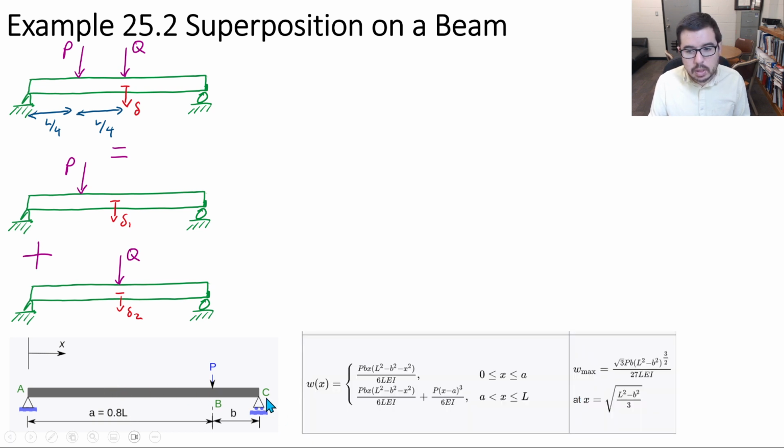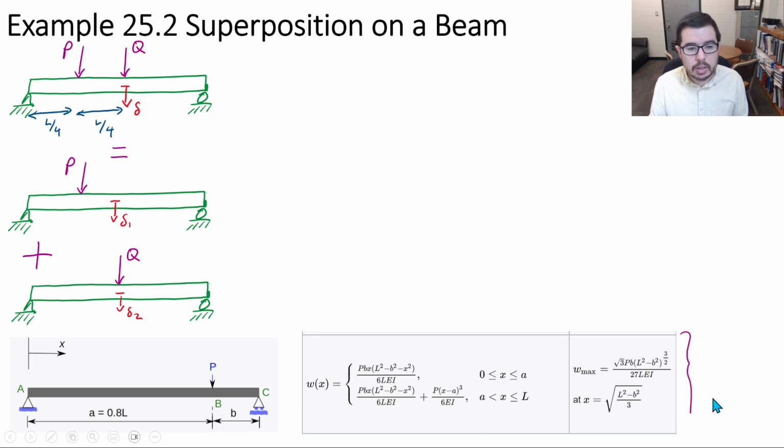So here is one of those tabular values for geometry. Here they show that A is equal to 0.8 L, but really that's a general expression over here, for if I have some A and I have some B, and A plus B is going to equal the overall L. And we have expressions so we can figure out displacement at a given location.